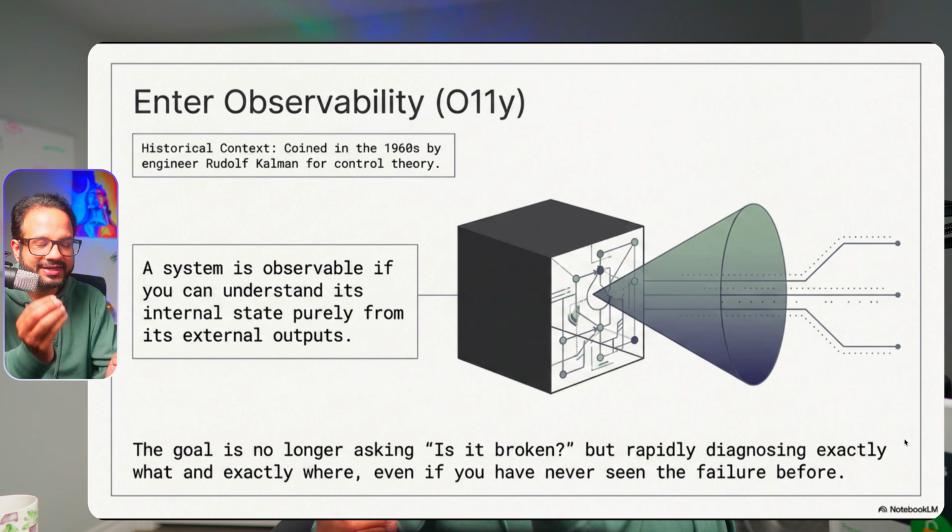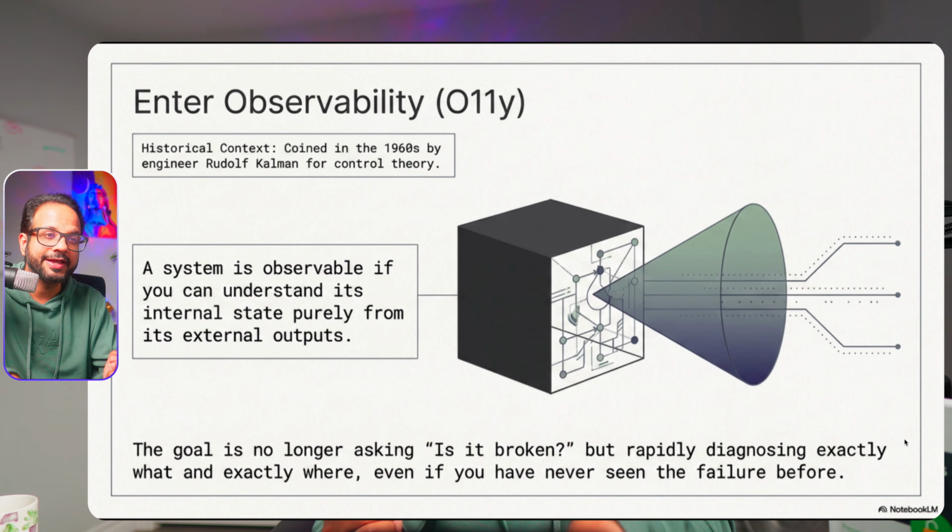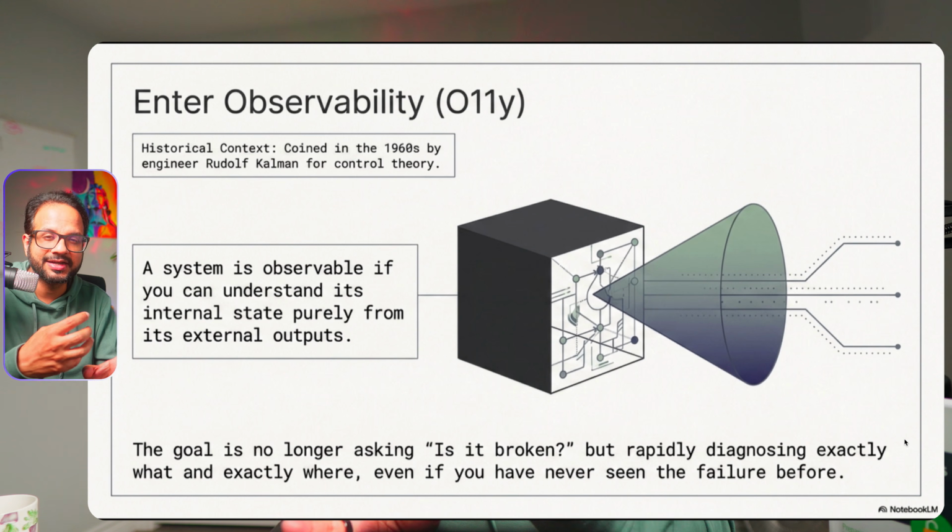The exact definition was: a system is observable if you can understand its internal state purely from its external output. So the goal of observability is not to ask, is the service broken? But to troubleshoot and ask why it is broken, how it can be fixed, even if you have not seen this failure before. So that's the advantage of observability over monitoring.